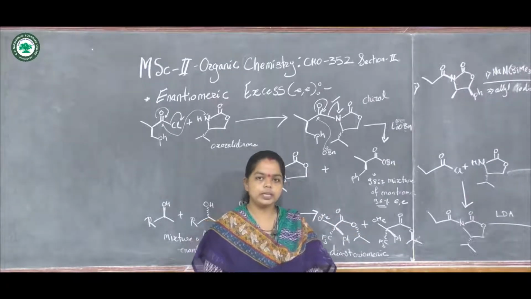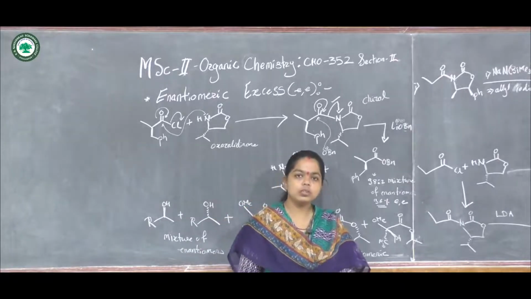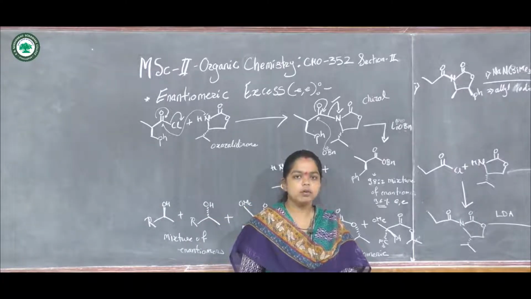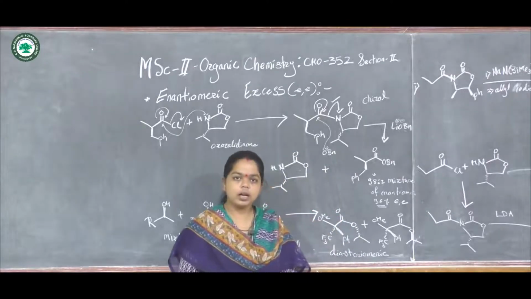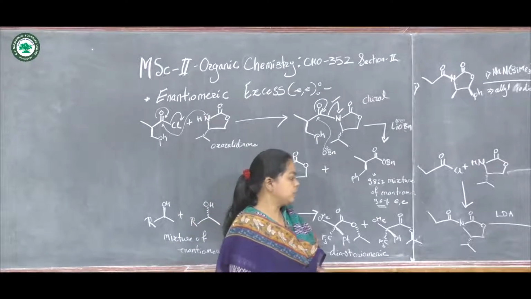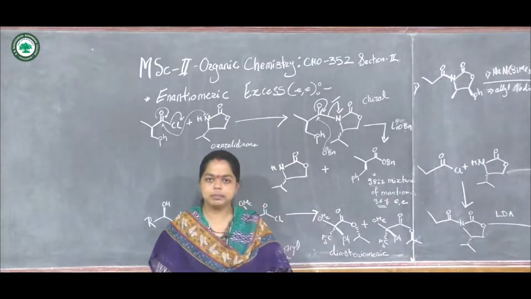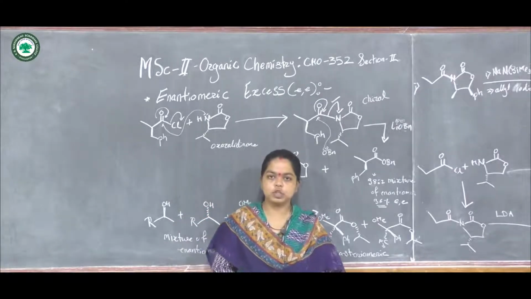So enantiomeric excess gives the amount of the single enantiomer, that is, how much quantity of one enantiomer is in excess of the other enantiomer. Now different types of methods can be used for the separation of enantiomers.